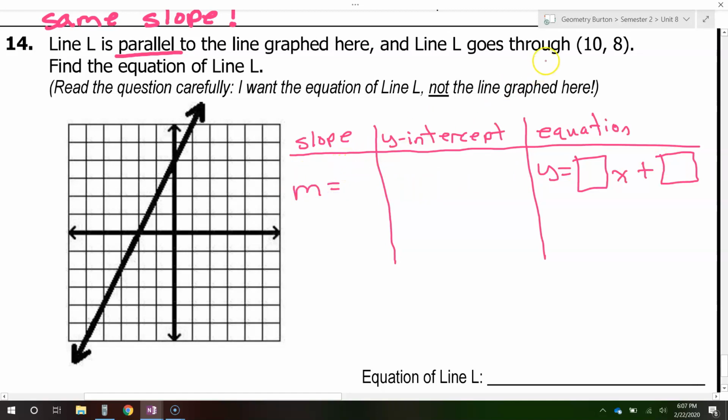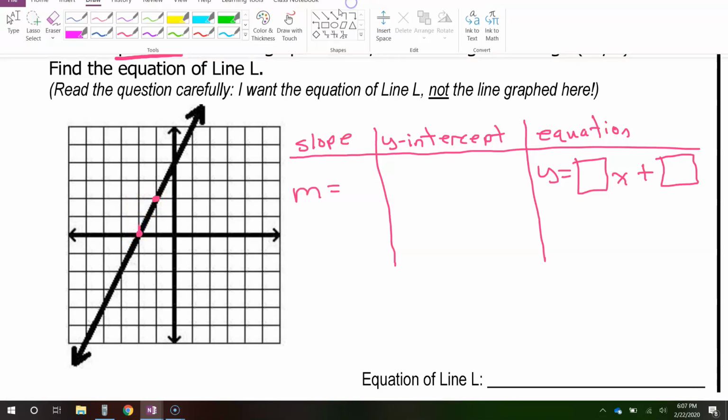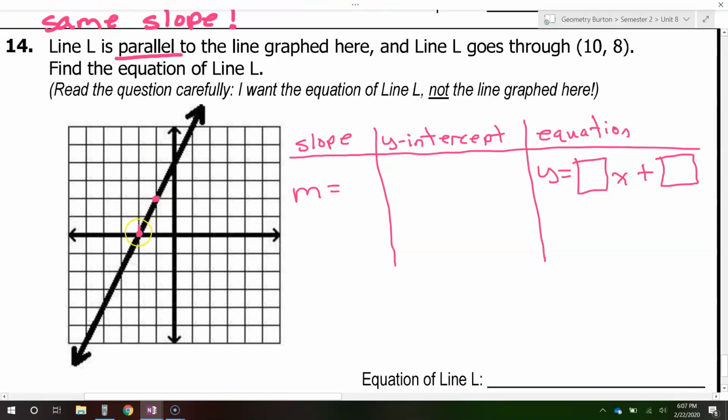The slope is going to be the same slope as this parallel line right here. So what is the slope of this line? Let's look at a couple of points on the line. So there's a point here on the line, there's a point here. Slope is rise over run. So here's the rise, and here is the run.